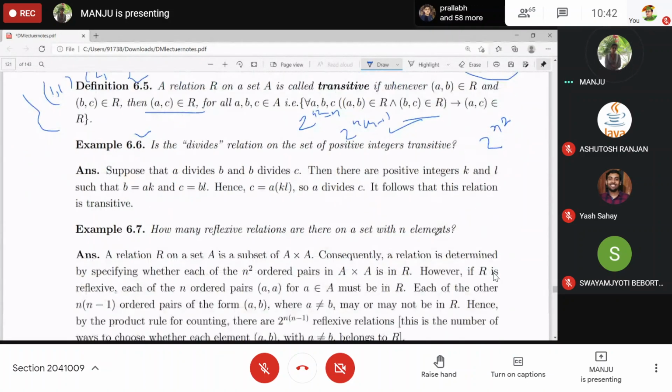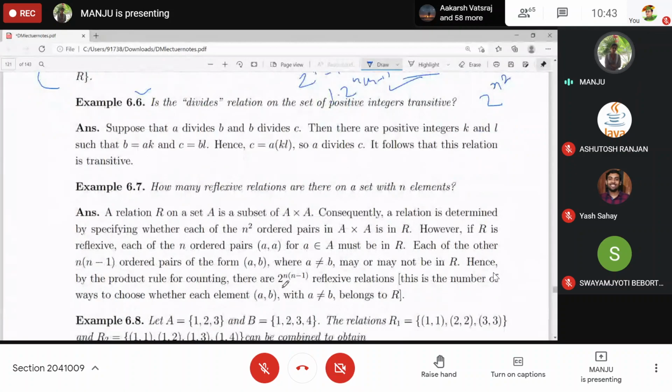That is the number of ways for choosing the rest of the elements, and one way for choosing the fixed ones. Finally, we got 2 raised to the power n square minus n, or n into (n minus 1).